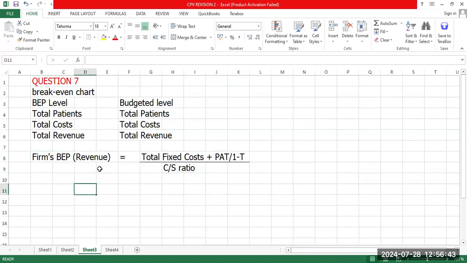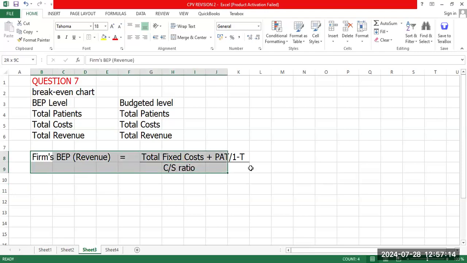But if you're given a sales mix in the question, then start by getting the firm's break-even point in units. Then down here, put total weighted average contribution per unit. Then get the answers in terms of units. So know how you approach these questions. Without a sales mix, I approach the question using this formula.